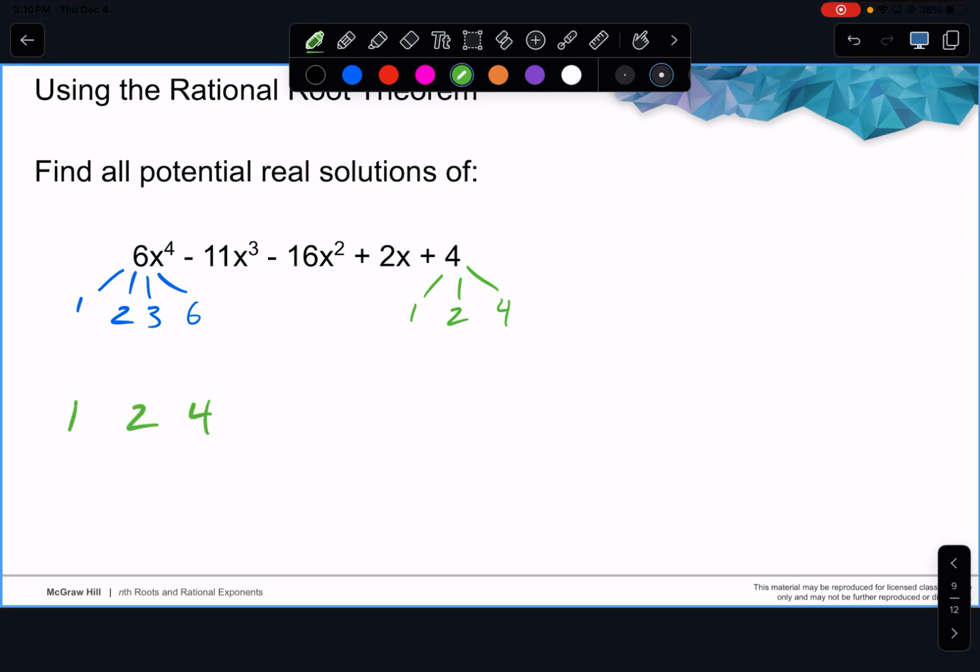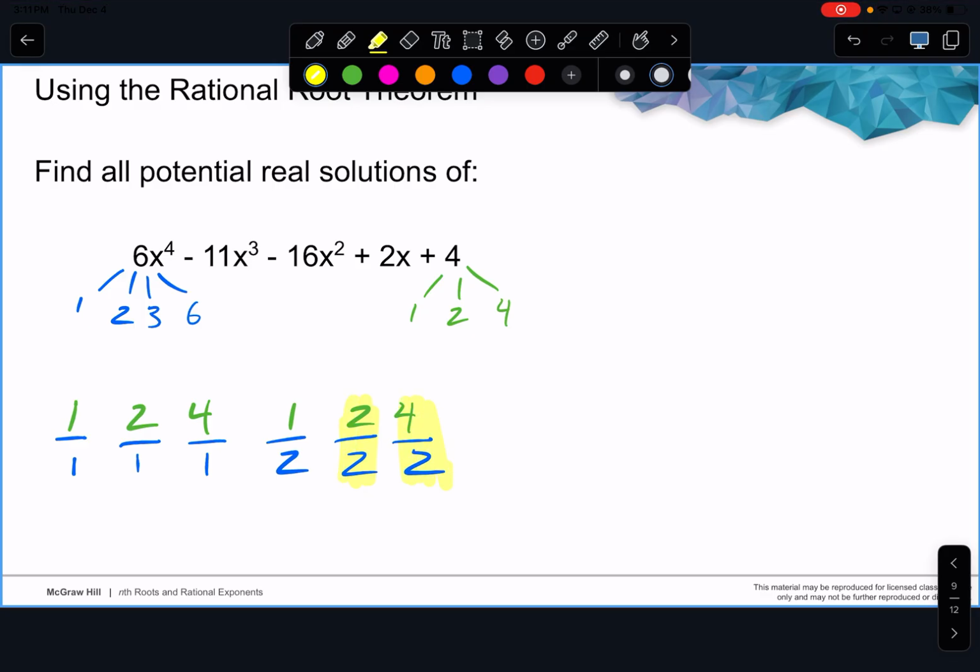So we're going to take the 1, the 2, and the 4, and we're going to put it over 1. And then what? Then we have to do it again. 1, 2, and 4, and put it over 2. Now, here's where I want to stop. I want you to notice something here.